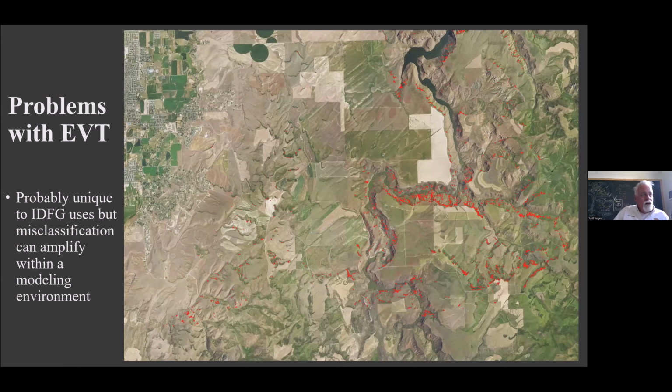This other one is more a problem with misclassification, but I think it's probably a unique problem to the way that I showed the models before, because these models are stacked up through time. They're not dependent on the most current classification, but they're dependent on the classifications that occurred way back in the early noughts and everything. This is Idaho Falls. We're heading towards the east.